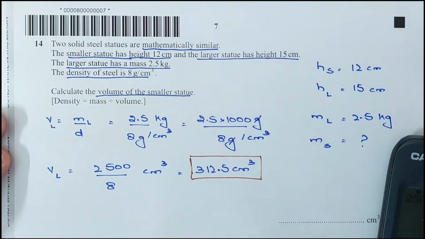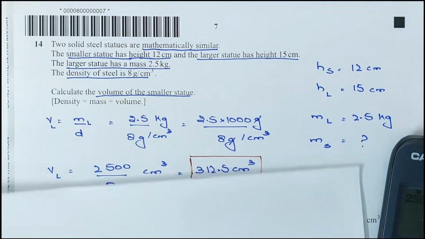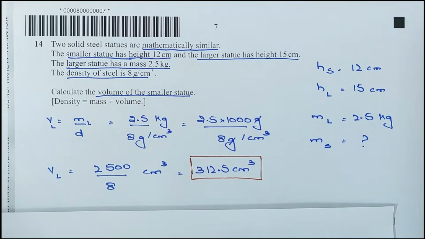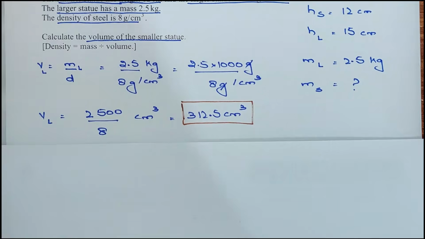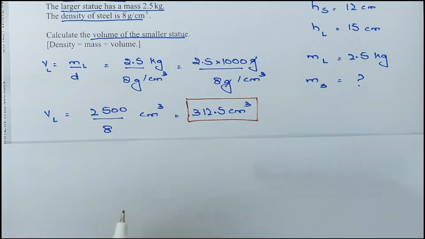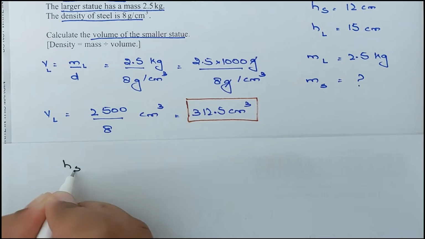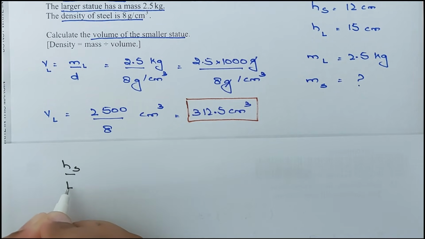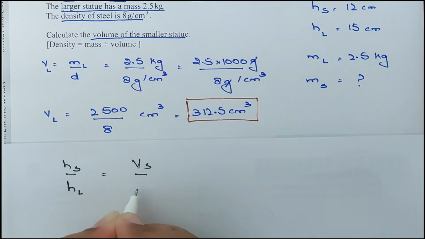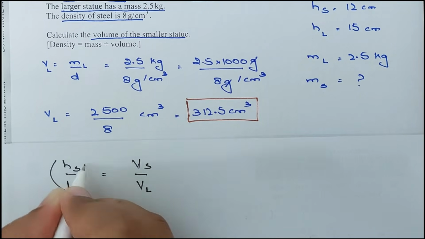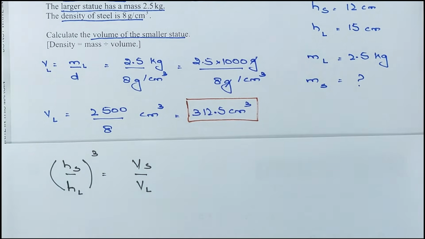Now since the two shapes are mathematically similar, we can easily find the volume of the smaller statue. Use the concept of similarity: the height of the smaller over the height of the larger equals the volume of the smaller over the volume of the larger, to the power of its dimension, whole cube.